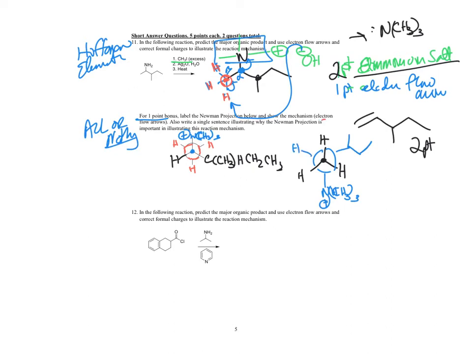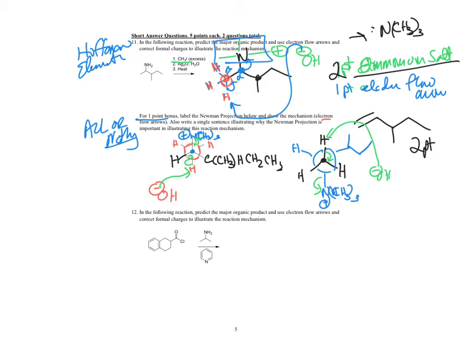You also have to show electron flow, so you'd have to show your O minus either coming in, taking this hydrogen here, or if your O minus came in on this drawing, you would show it coming up the top and your 3 electron flow arrows like such.